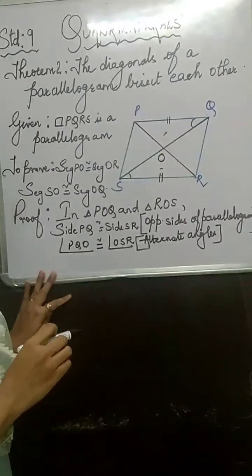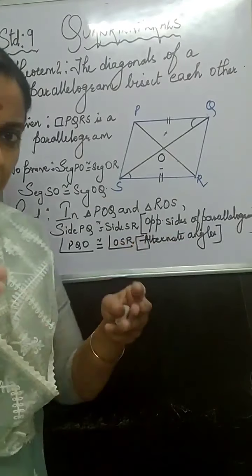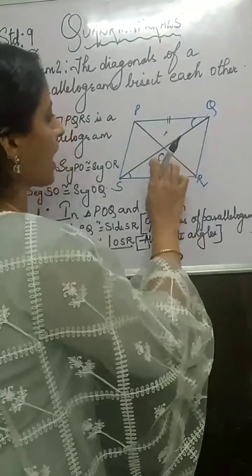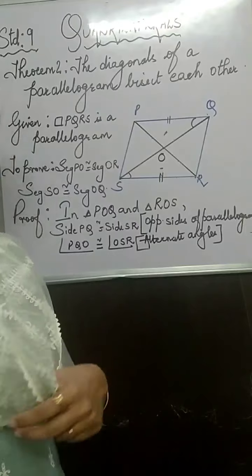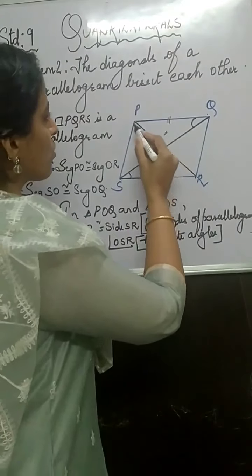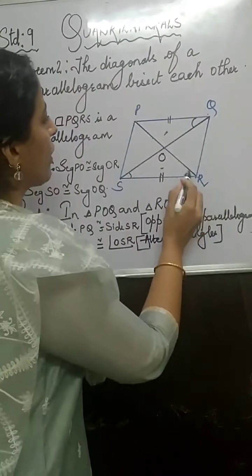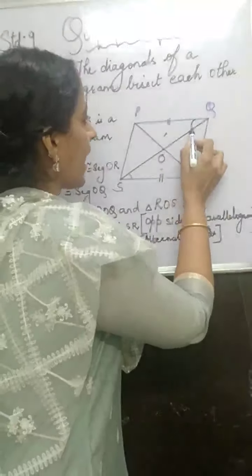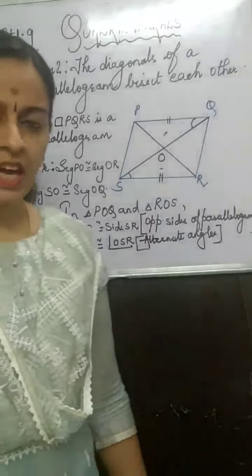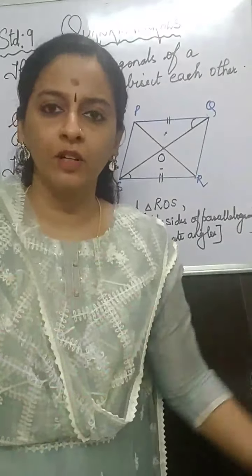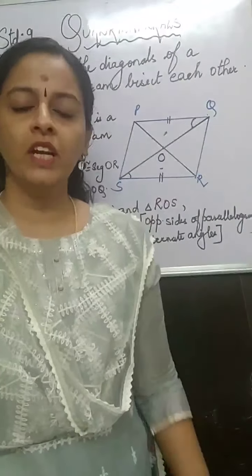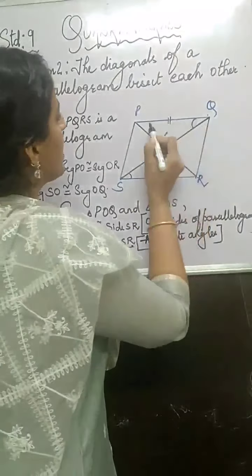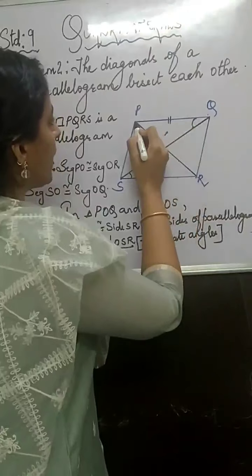Now, some of you might be thinking of taking the vertically opposite angles. Yes, you can do that also. Angle POQ is congruent to angle ROS. Then the triangles will be congruent by the SAA test. By that way also you can prove them congruent. Or you can take the next pair of alternate angles, that is, this angle QPO.